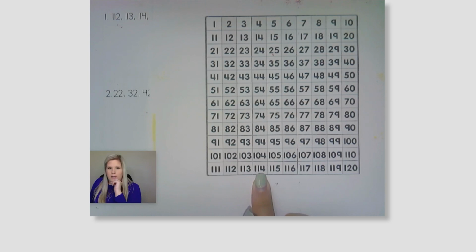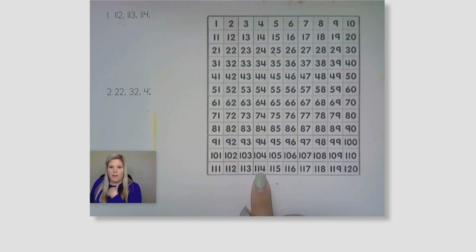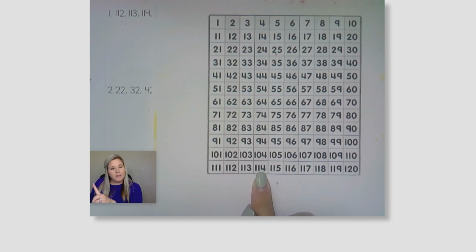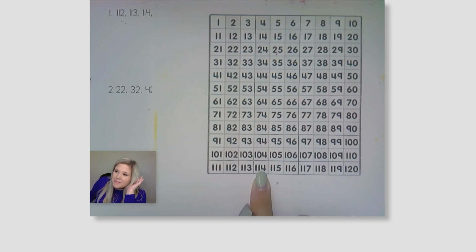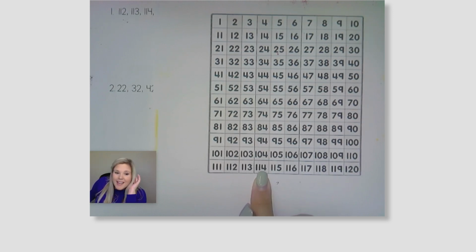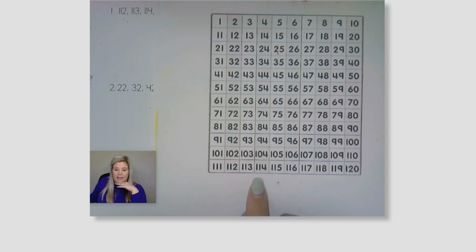I wonder if my pattern is counting by ones or if it's counting by tens. You're so right. I am moving horizontally across my row and counting by ones. That means the ones digit is going up by 1 each time.